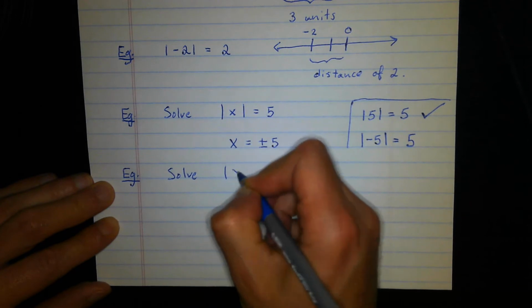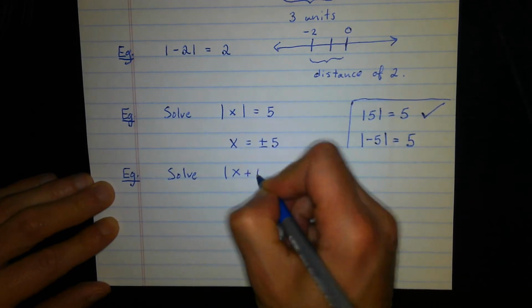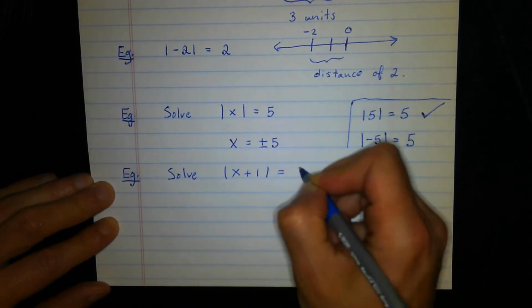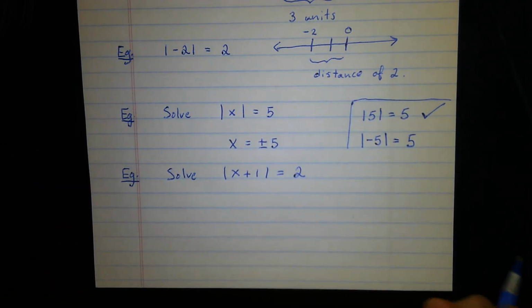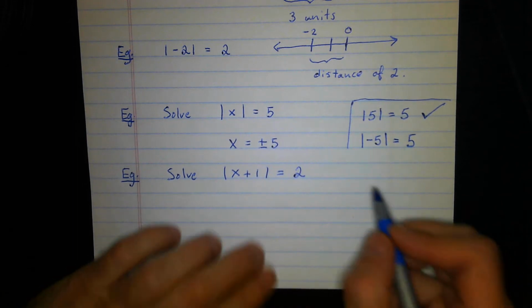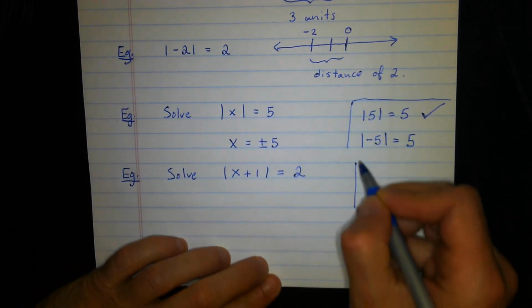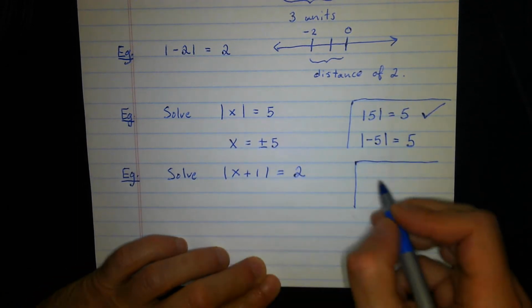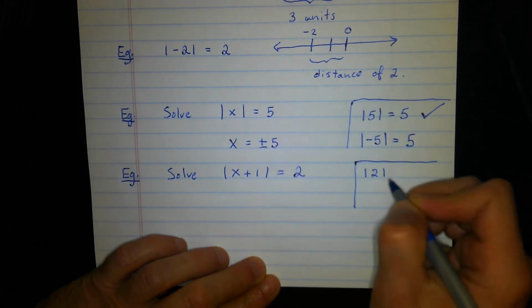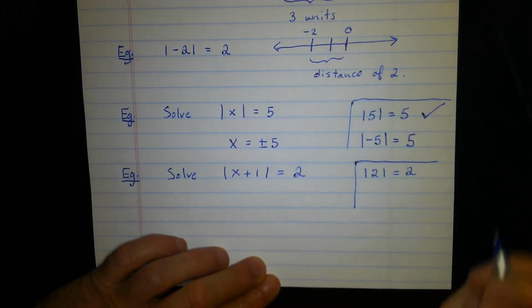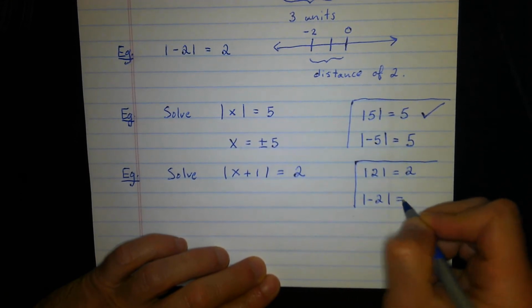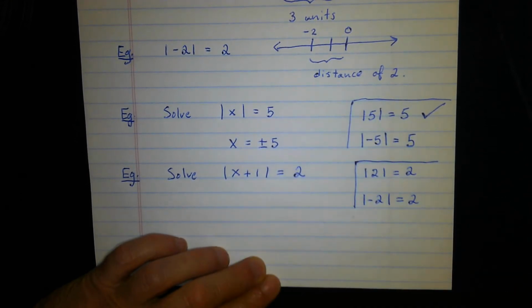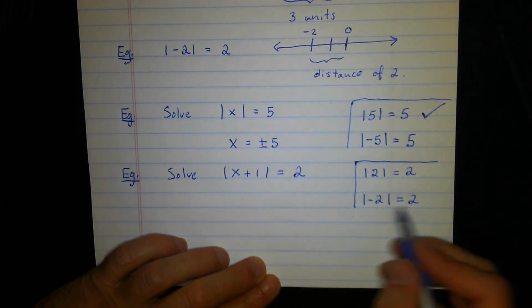Let's solve the absolute value of x plus 1 equals 2. Well, here's the idea here. What do we need to happen here? Well, I need to get the absolute value of 2, because that equals 2. And I need to get the absolute value of minus 2 on the inside, because the absolute value of minus 2 is 2.